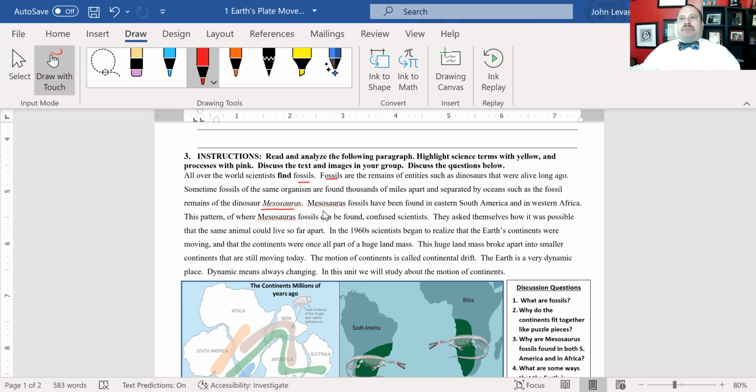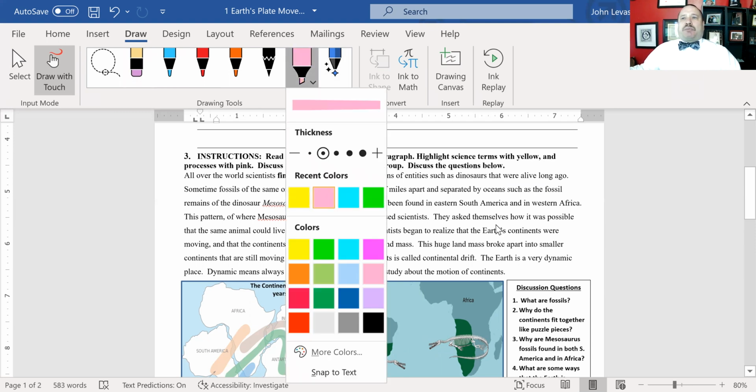We elaborate a little bit more about where it's found, and we also link it to our next topic, which is about scientists discovering this idea that the continents move. So we have the present, the explain, the example, and the link. We have the full PEEL pattern found in that paragraph.